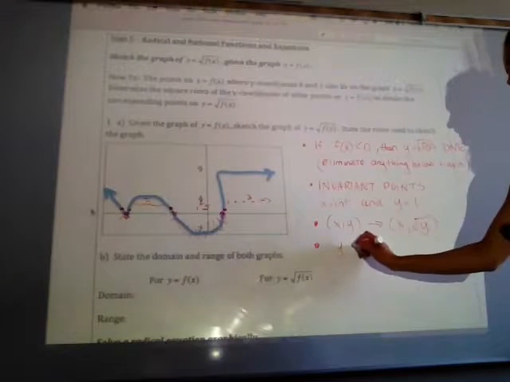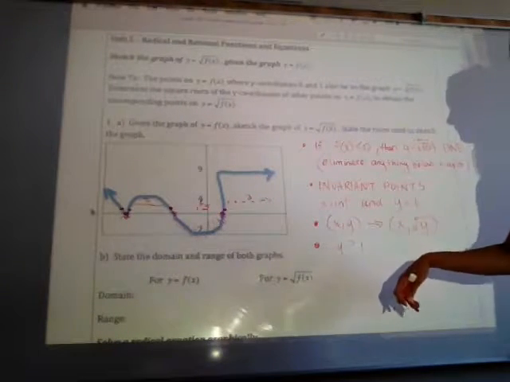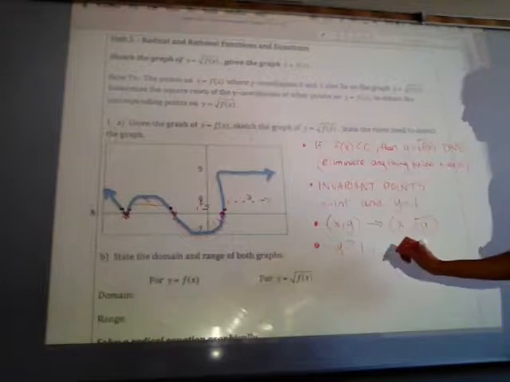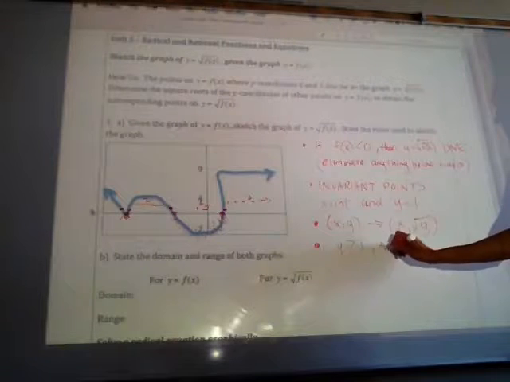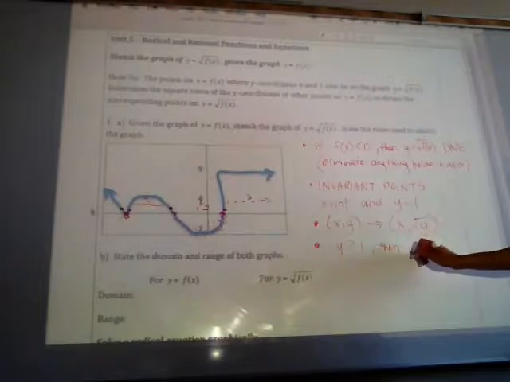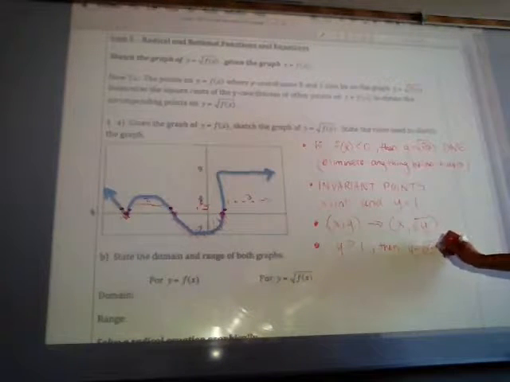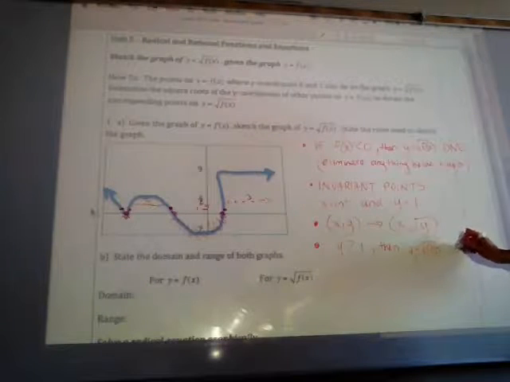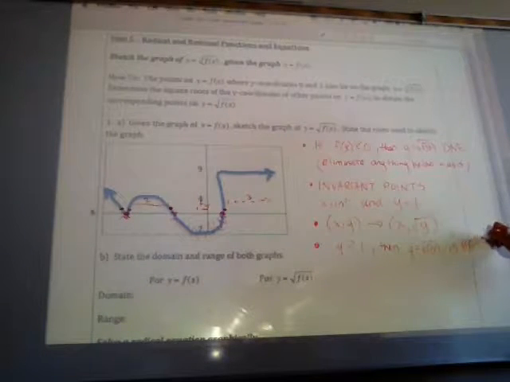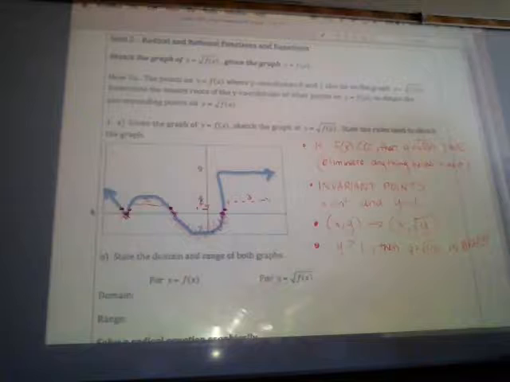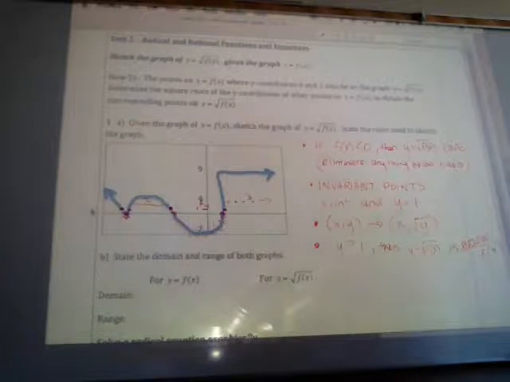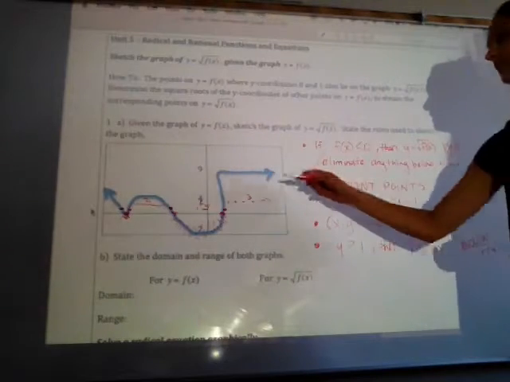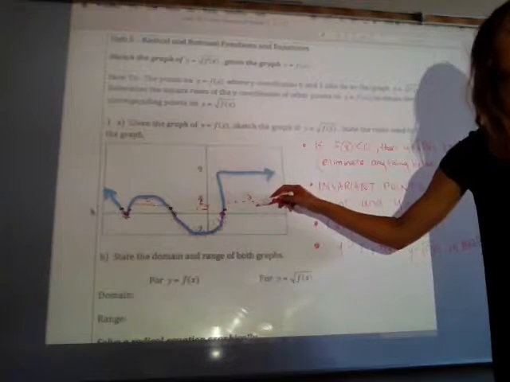Now, if y is greater than 1, okay, where does the original graph exist then? Below f of x. Why does it exist below? Well, when you take the square root of 9, it's 3.